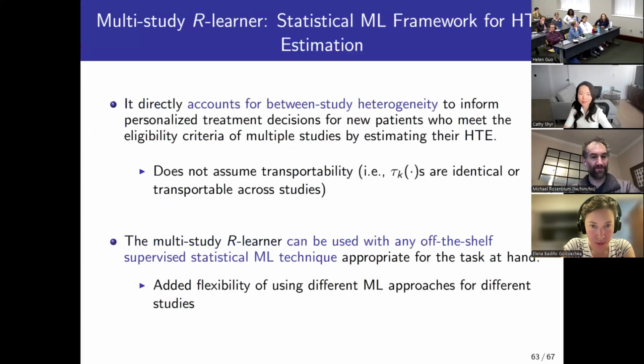Anyway, my question is, and I might have missed this, have you thought about uncertainty bounds for this new patient HTE, and giving measures of inference and uncertainty for that?